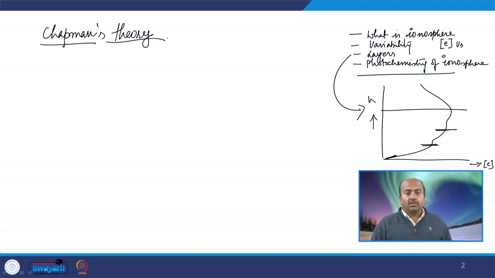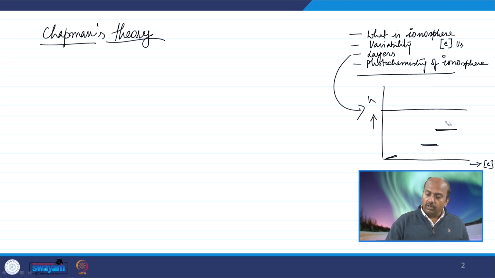Chapman's theory gave an idealized height distribution of ionization as a function of altitude, which is produced solely by the absorption of solar radiation. It gave an idealized height distribution of electron density with respect to height. This is the distribution that I am talking about. So, this distribution was mathematically given by Chapman's theory.